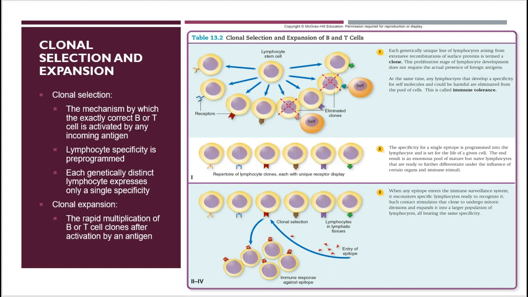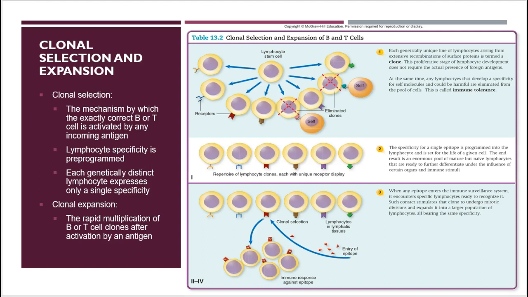And as it differentiates, you can see that the variability in that antigen receptor section of the receptor for that cell is going to result in trillions of lymphocytes that are all different. Each one is genetically distinct, that will only recognize a single specific antigen. So you can see the receptors on the surface of these cells are all unique.